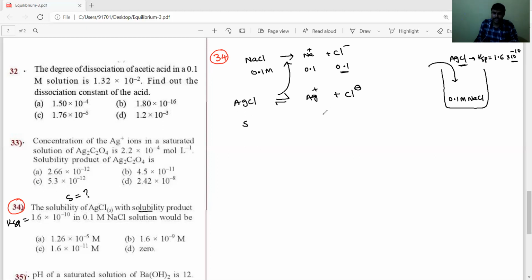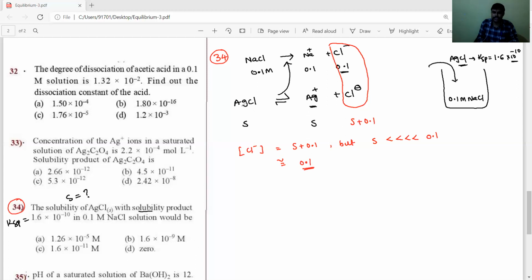Let its solubility be S, then the Ag plus ion concentration is S, but the chloride ion concentration is equal to S plus 0.1. The S value is very small compared to 0.1, that's why this S plus 0.1 we have to consider as 0.1 only.